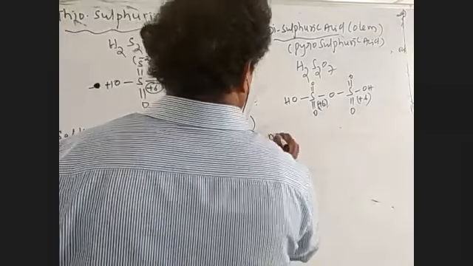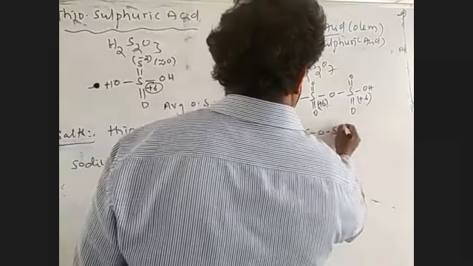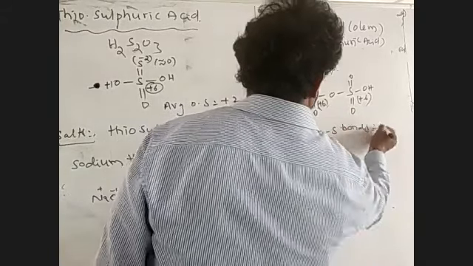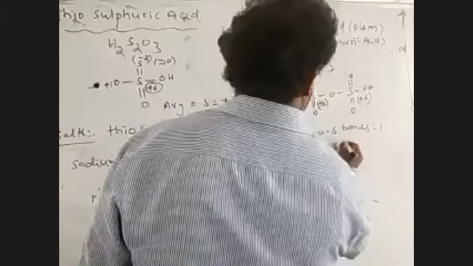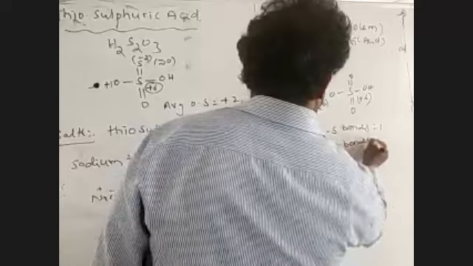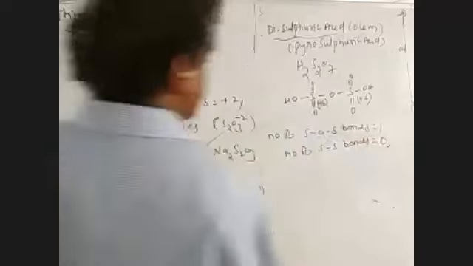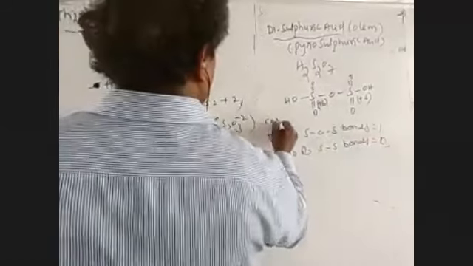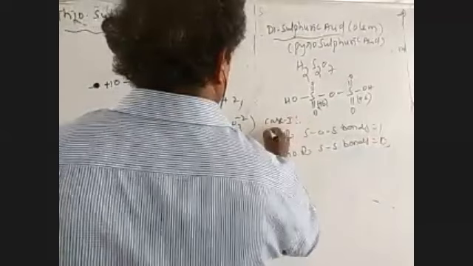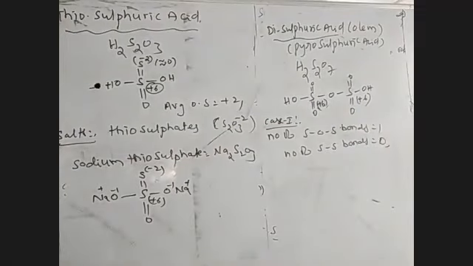In this case, the number of S-O-S bonds is 1 and the number of S-S bonds is 0.